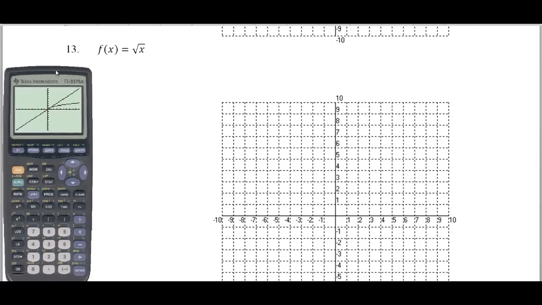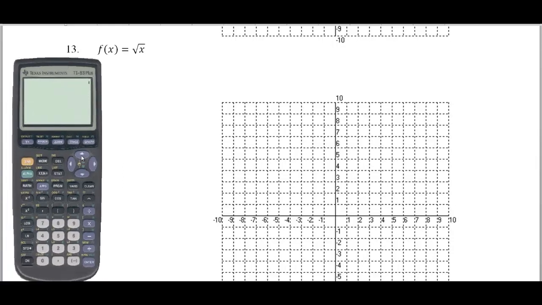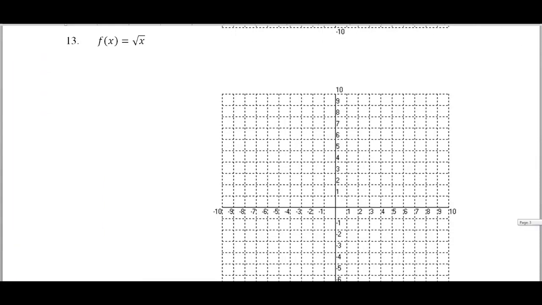And first of all, you're probably going to want to plot some pretty points. 0s definitely are pretty points, as the domain of this is 0 or greater. The x values have to be greater than or equal to 0. 1, 1 is a pretty point, and 4, 2 is a pretty point. So let's get that graph up here. Let me scroll the screen just a little bit.